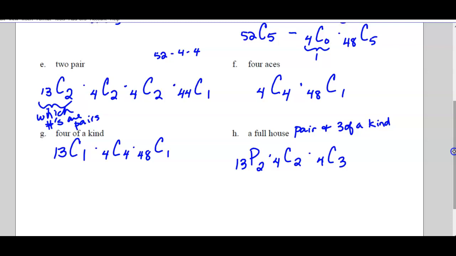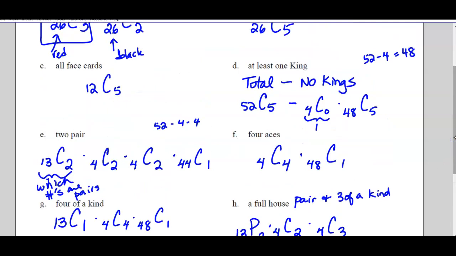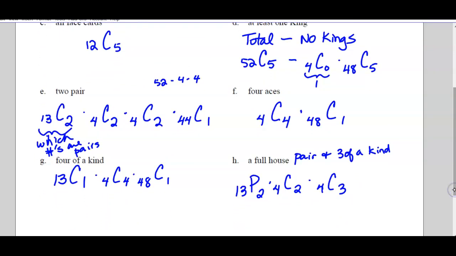If you were gambling here, which no, you're not supposed to gamble, but if you were, and you wanted to find the probability of getting 4 aces, what would you do?